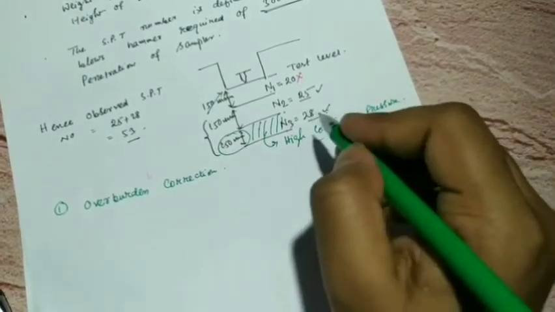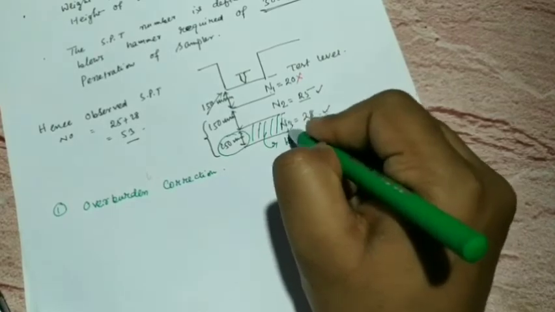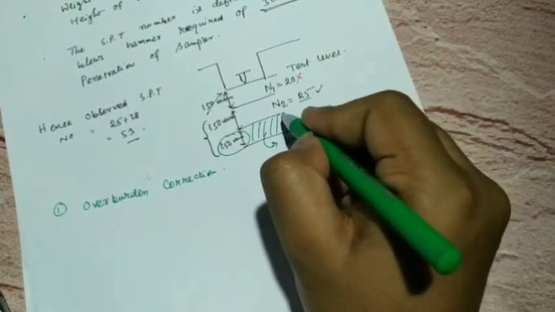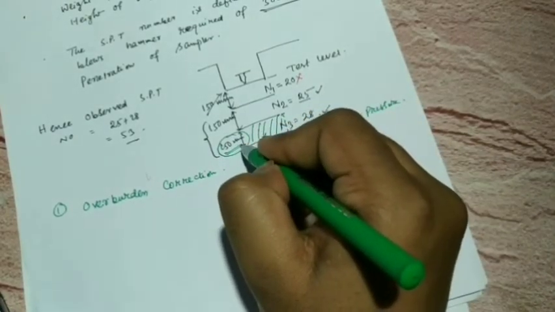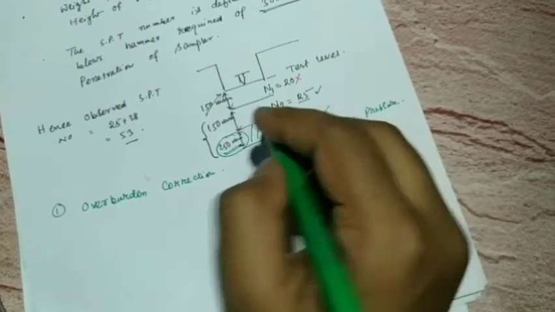So for that reason, we have to provide more blows just to penetrate the same 150 mm. That's why correction is required.